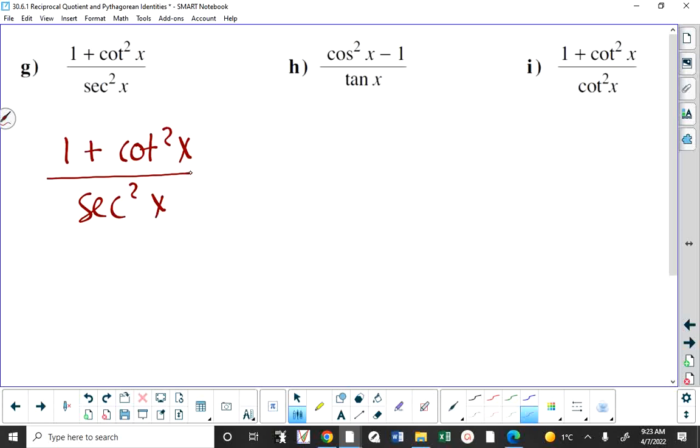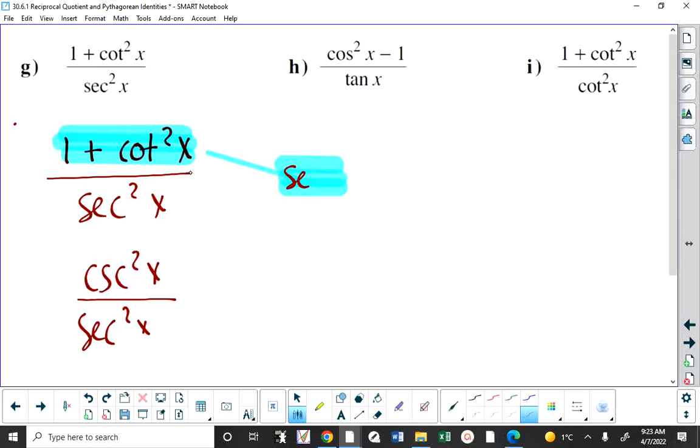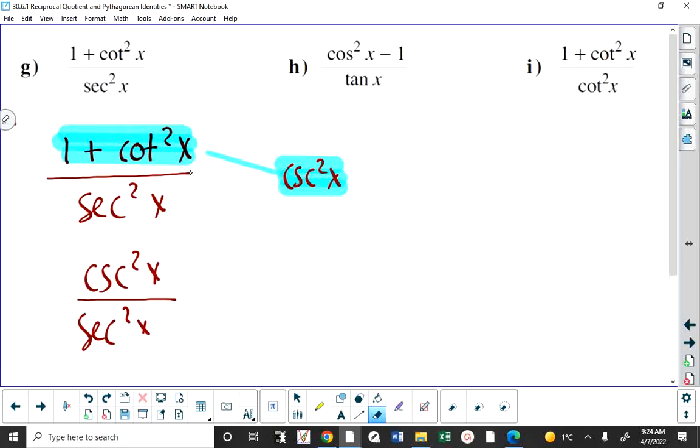So I'm going to write that as cosecant squared of x over secant squared of x, because on my formula sheet, that's an identity. 1 plus cotan squared equals cosecant squared. Did I remember it right? It's equal to cosecant squared? Okay. Now, this is just a little more compact.